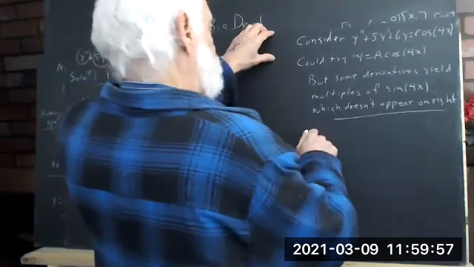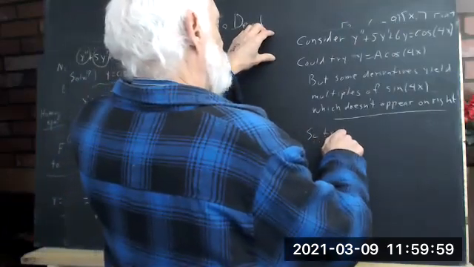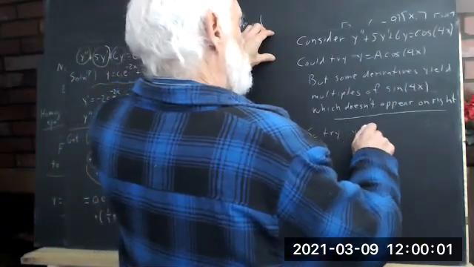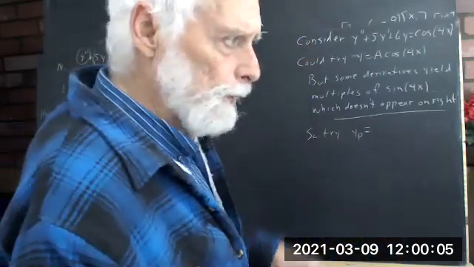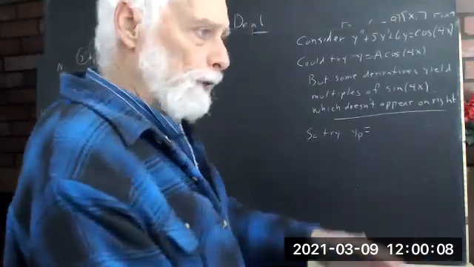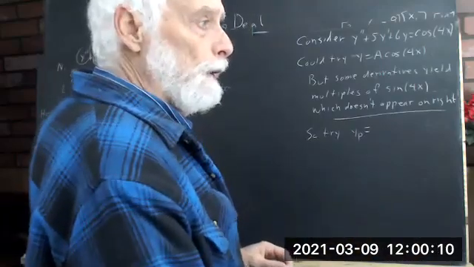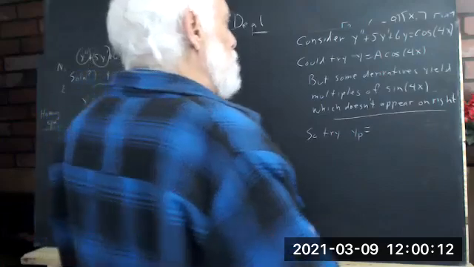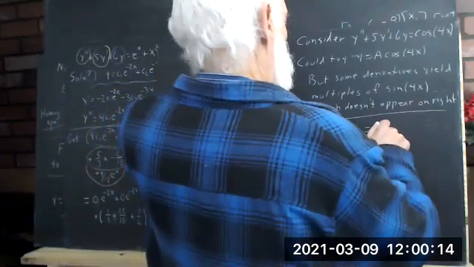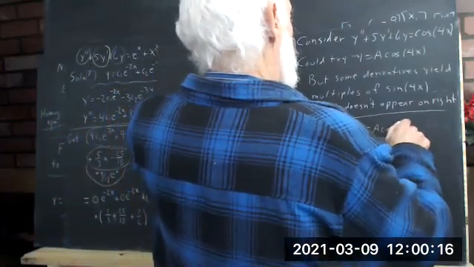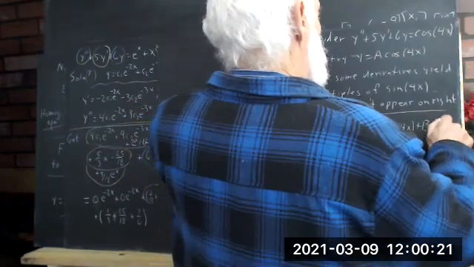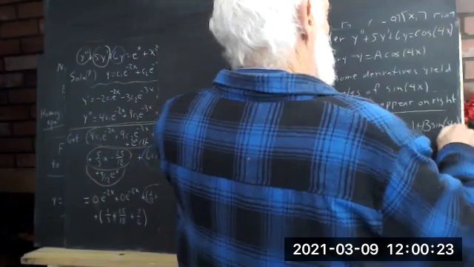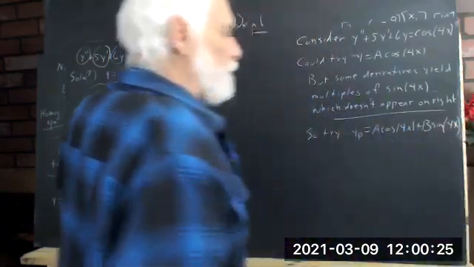So now say YP, particular solution, a good idea to use this notation, and you'll see it in the examples in your text. Okay, YP equals A cosine of 4x plus B sine of 4x.